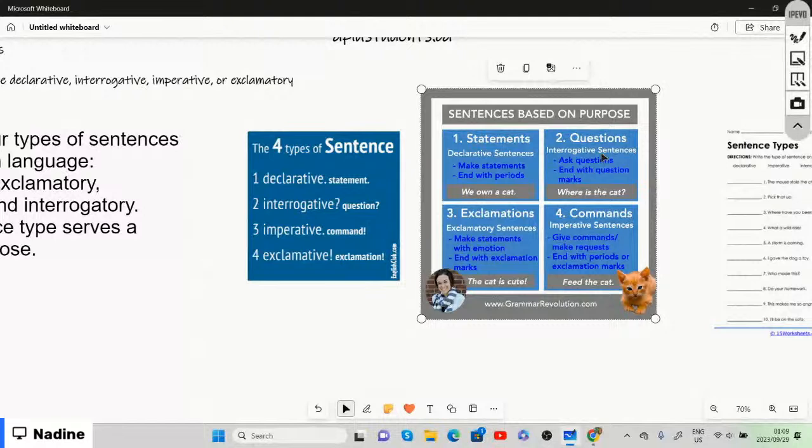Remember, that is just you saying that we own a cat. Nobody should feel obligated to respond. And that sentence ends with a period, full stop.